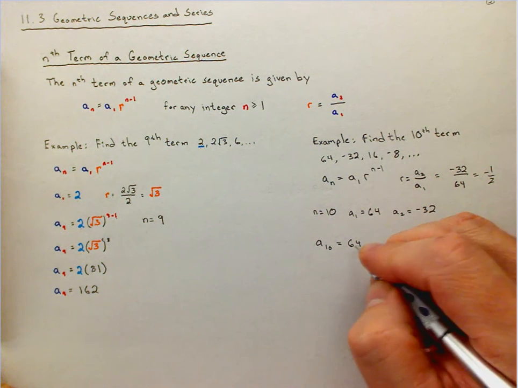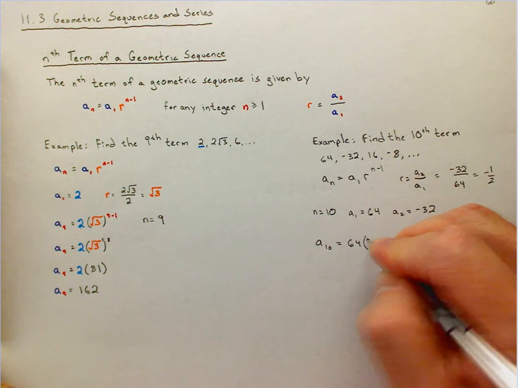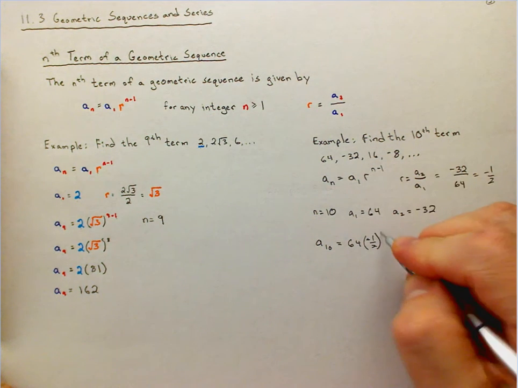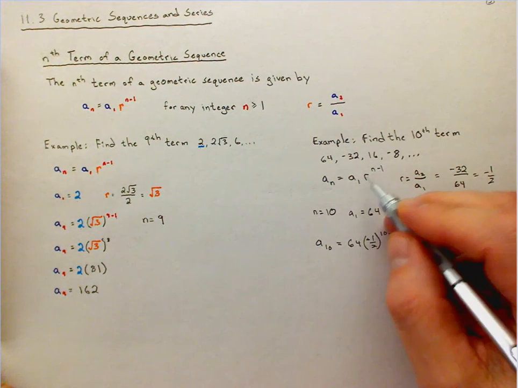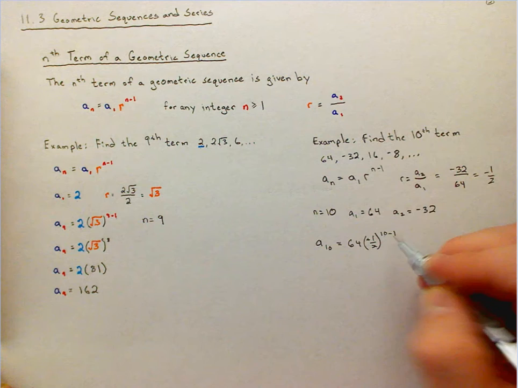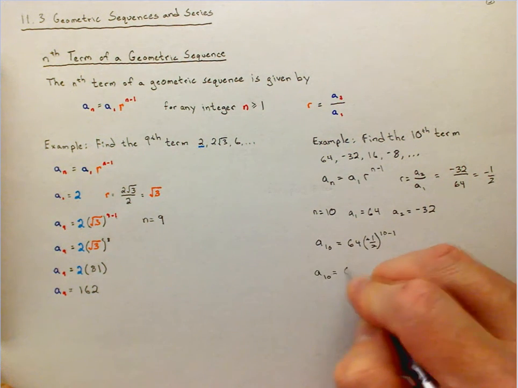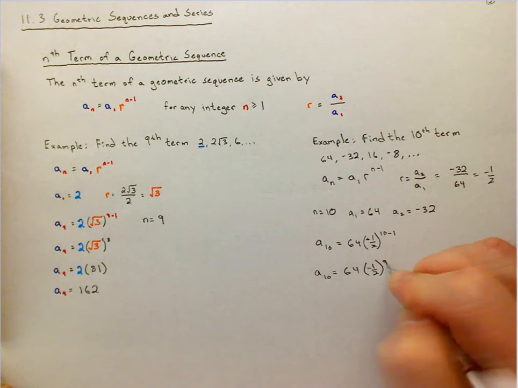So I end up with 64 times a negative 1/2 to the power of 10 minus 1. So what I end up with, after I get everything pieced together, is 64 times the negative 1/2 to the 9th power.